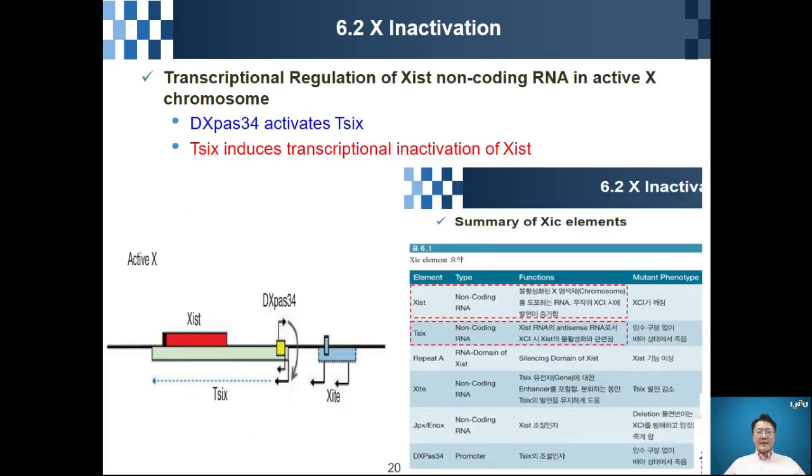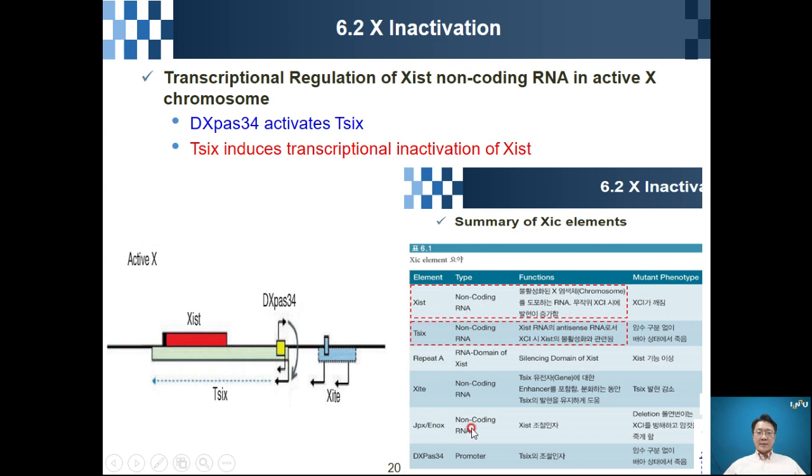In this slide, I will explain the transcriptional regulation of Xist non-coding RNA in the active X chromosome. In the previous slide, I summarized the XIC elements, especially focused on the Xist non-coding RNA and TSIX.